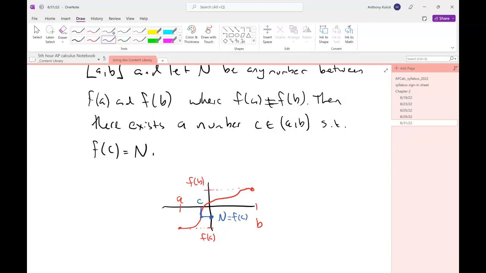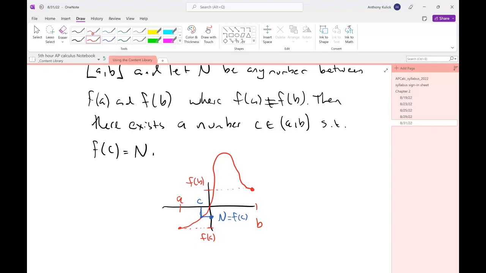Now, could the function contain values outside of f of a and f of b? Yeah, certainly could. Imagine it did like that. You could have values of y that are outside of f of a and f of b.